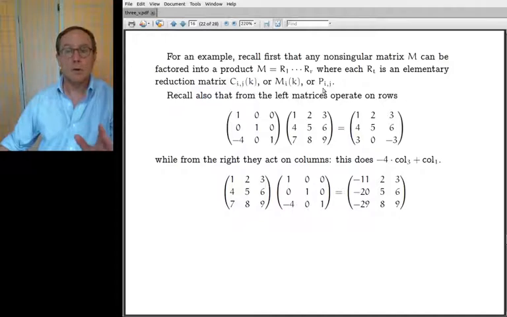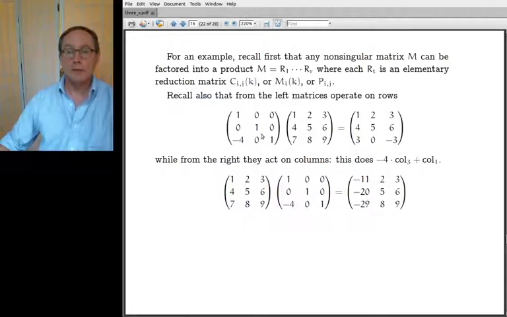I want you to recall also from the mechanics of matrix multiplication, this is what I was talking about a minute ago. We don't sneer at matrices. We're looking at them here and here, but we try to take maps as primary. But that doesn't mean that matrices are beneath us. So remember again that from the left, matrices operate on rows. For example, here this is the matrix that takes -4 row 1 plus row 3.